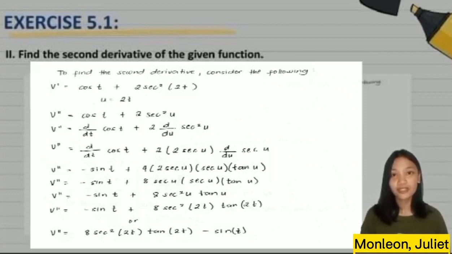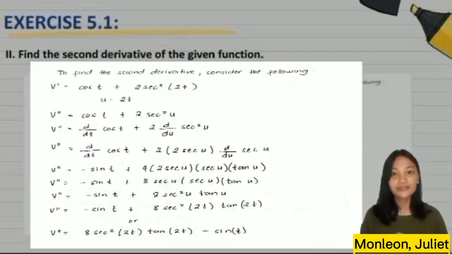So, the second derivative of v with respect to t is equal to negative sine t, since it is the derivative of cosine t, plus 2 times the quantity 2 secant u, times secant u times tangent u. So, 2 times 2 is 4, and 4 times secant u is... let us simplify this and we will get 8 secant u times secant u times tangent u.